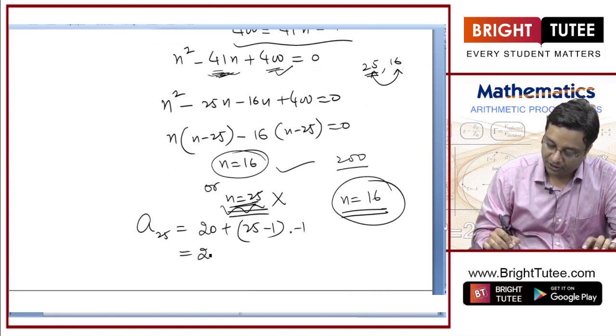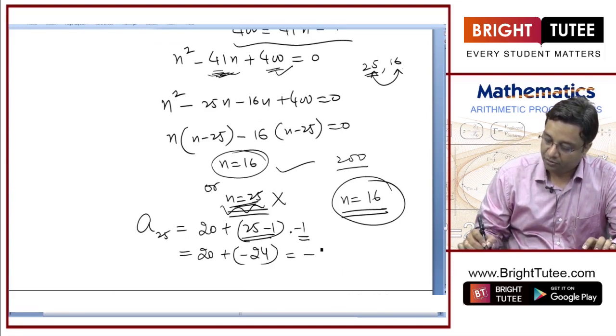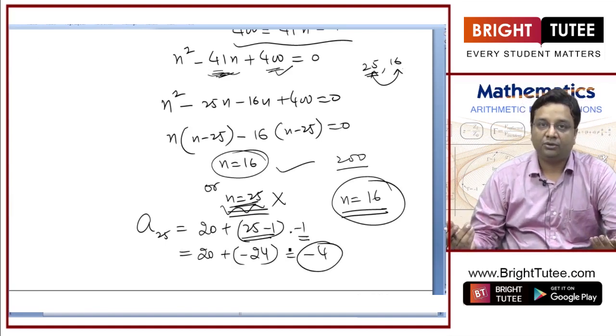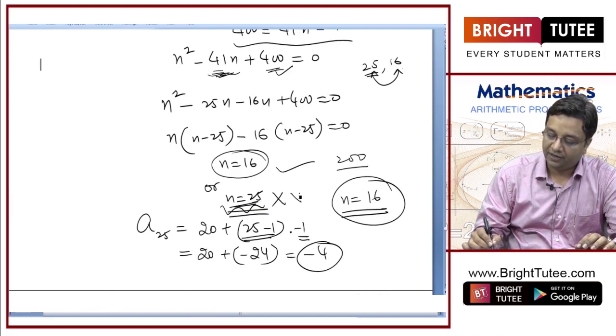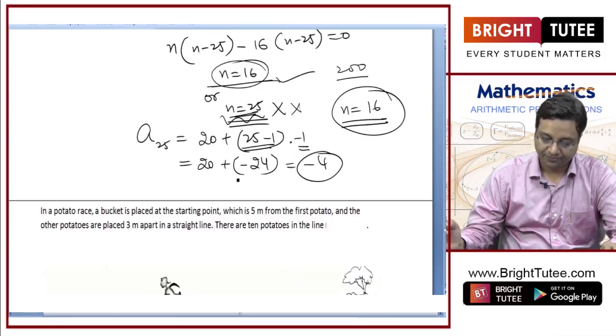So it is equal to 20 plus, this is 24 and this is minus 1, so it will become minus 24. It is equal to minus 4. So how can there be minus 4 logs in any row? So this answer is invalid. So I will go with n equal to 16, right?